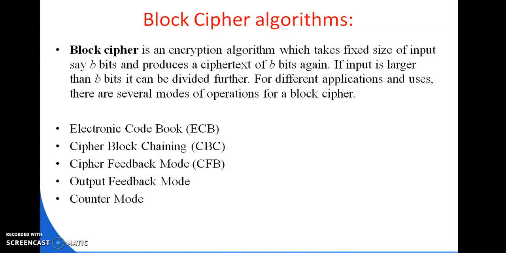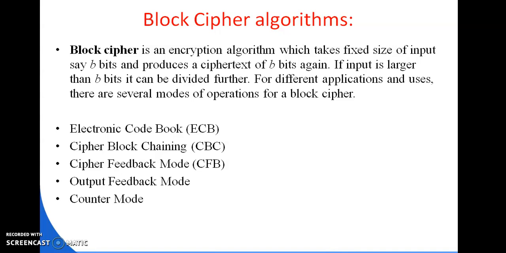So there are different types of algorithm modes. One is ECB, electronic code book, and second one is CBC, cipher block chaining. Next CFB, cipher feedback. Next is OFB, output feedback mode, and last one is counter mode.